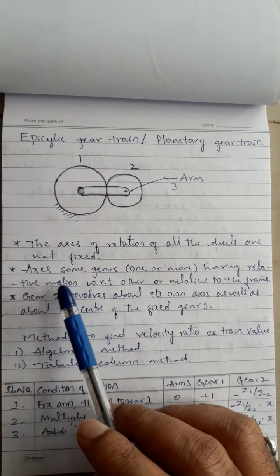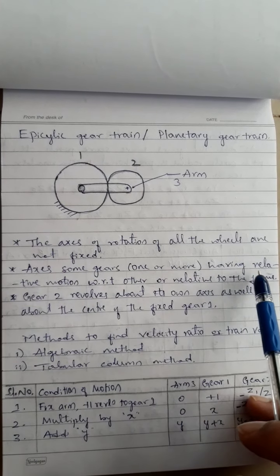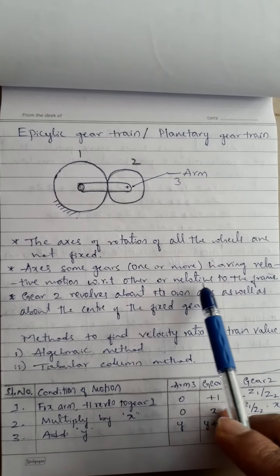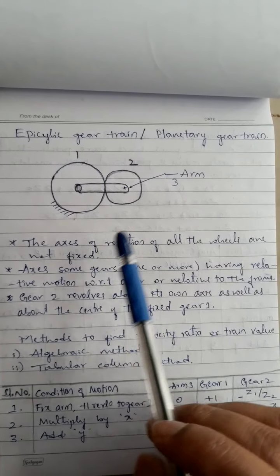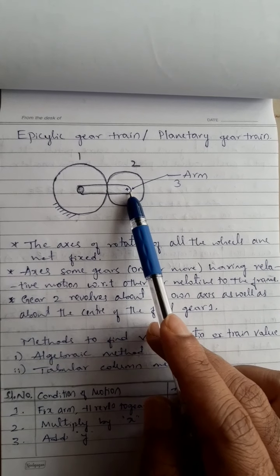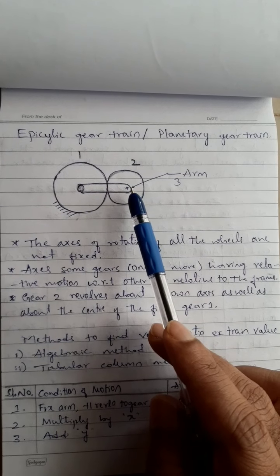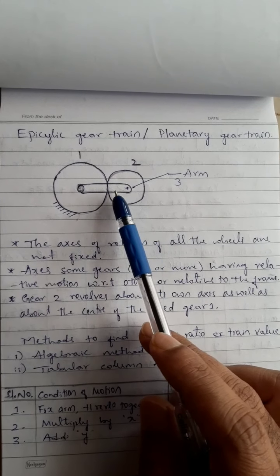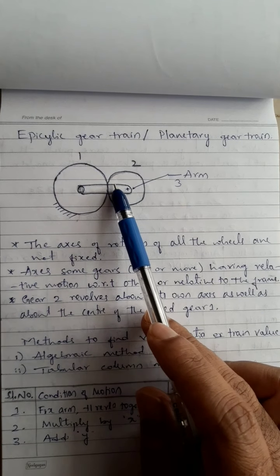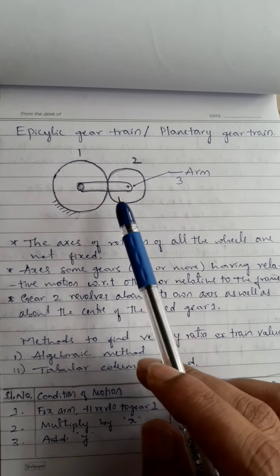The second feature is that the axes of some gears, one or more, have relative motion with respect to the others or relative to the frame. So here we can see that the axis of rotation of gear 2 is not fixed, and it has relative motion with respect to the frame also.